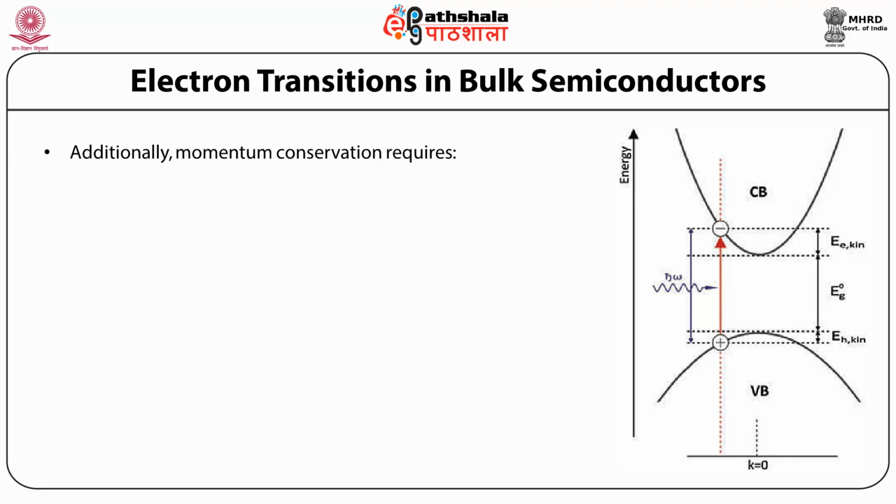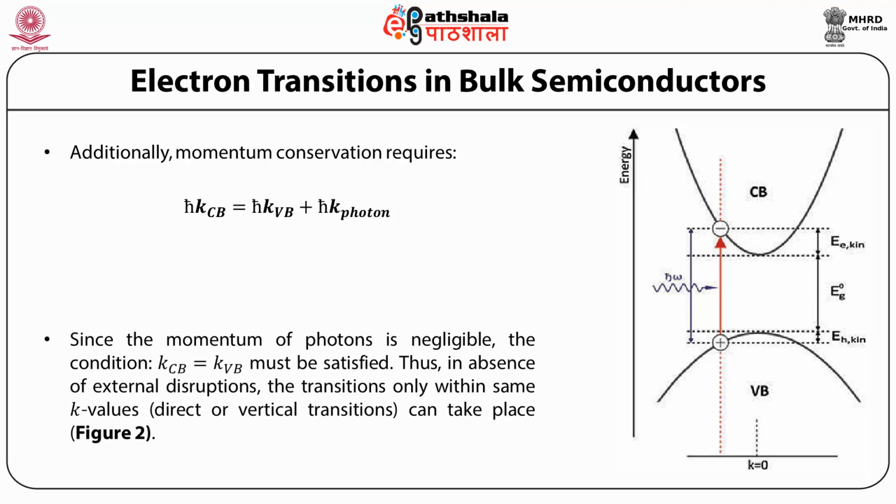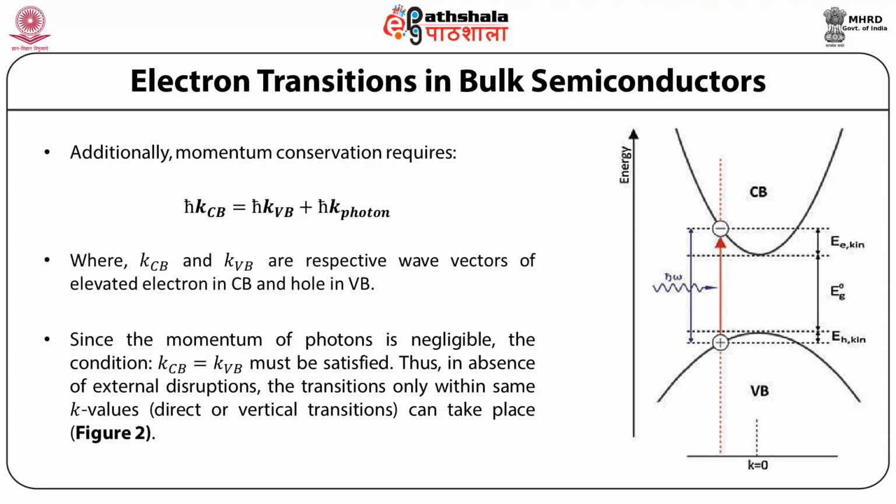Additionally, momentum conservation requires ħkcb equal to ħkvb plus ħk photon, where kcb and kvb are the respective wave vectors of the elevated electrons in the conduction band and holes in the valence band. Since the momentum of photons is negligible, the condition kcb equal to kvb must be satisfied.